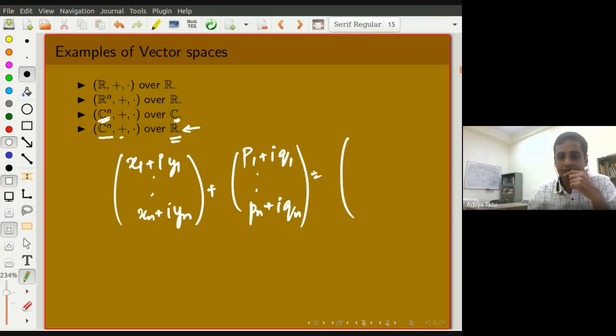The addition will always be defined this way unless specified.